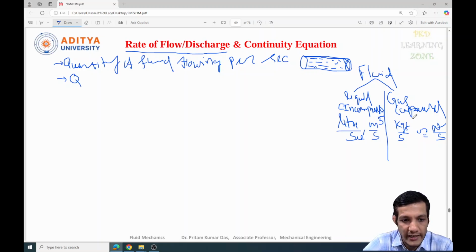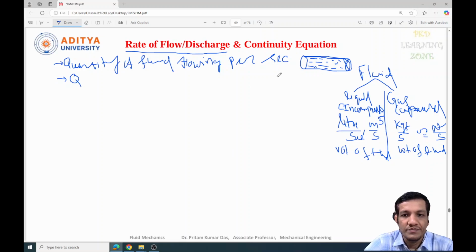And for a compressible fluid, the rate of flow is usually the weight of the fluid flowing across the section. Here we have considered the volume of fluid, as I told you already.